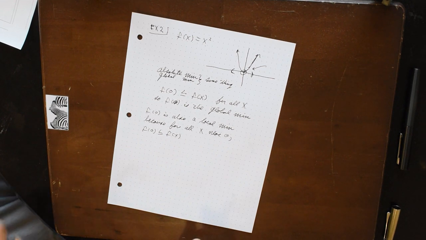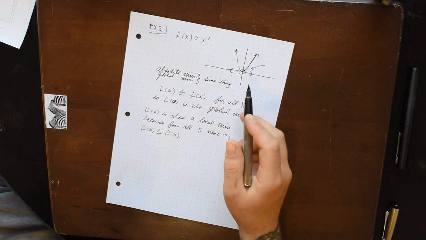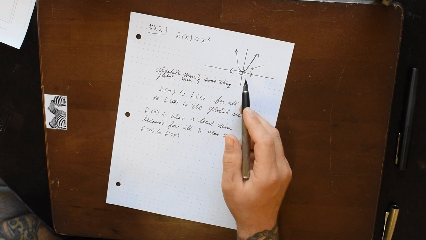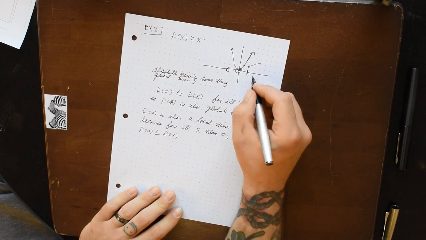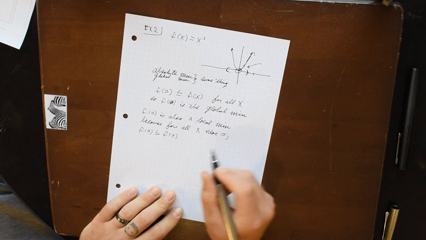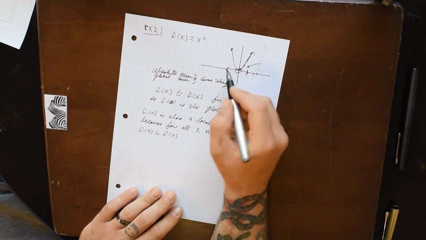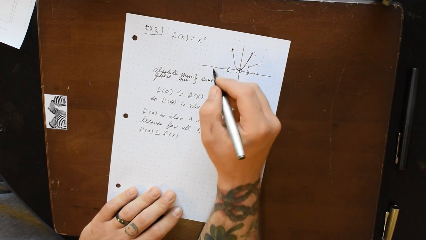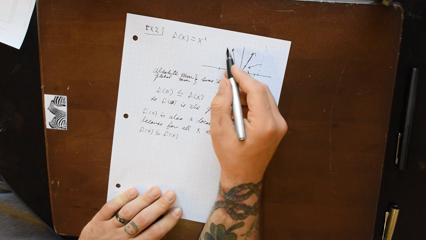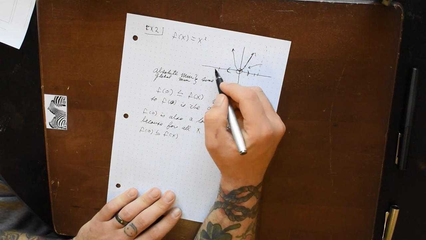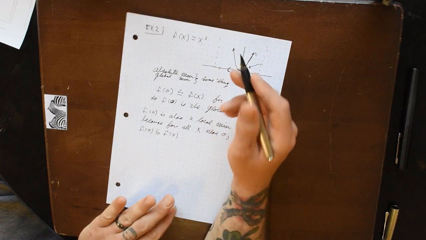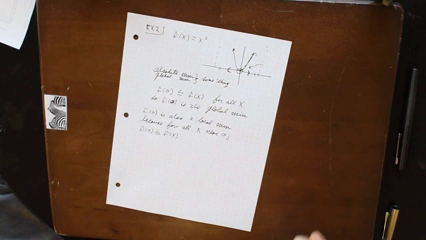But for maximum values, this function does not have a maximum value. It doesn't have a maximum value because no matter what value of x you pick, there's always another value of x that gets mapped to a larger number. Same thing is true over here. Whatever value of x you pick that maps to what you say is the maximum number, there's always another value that gets mapped to a larger number.